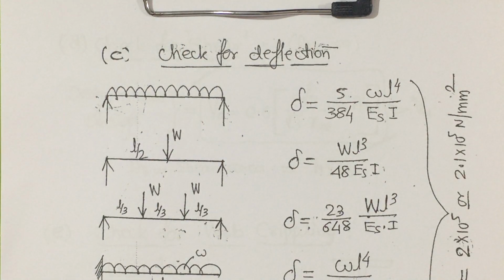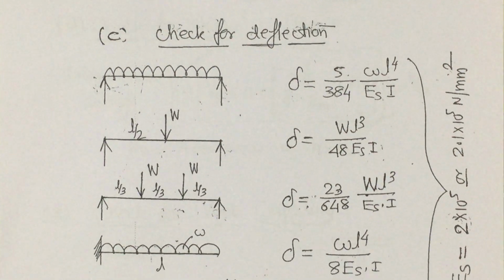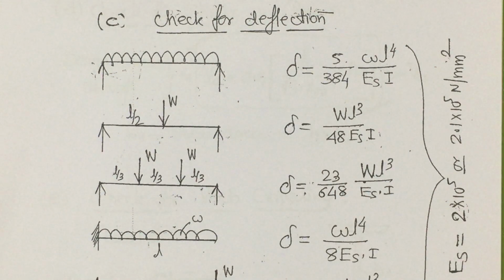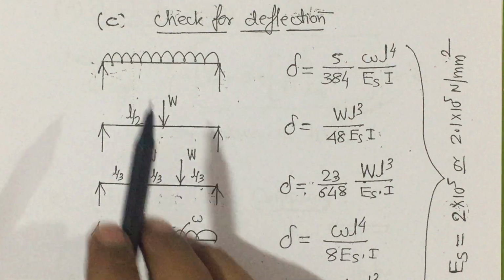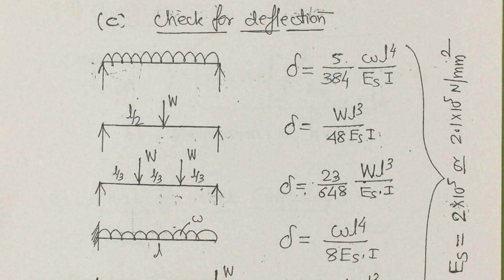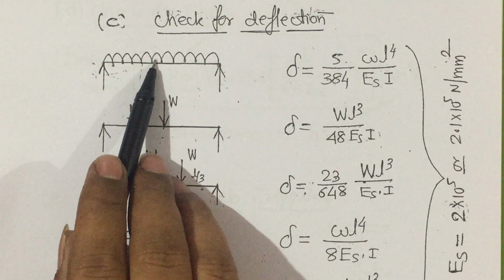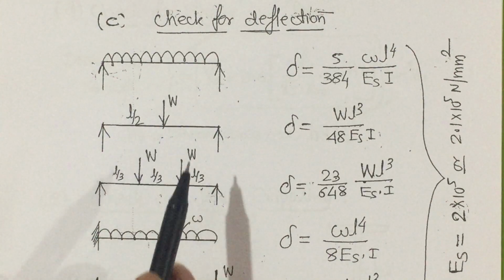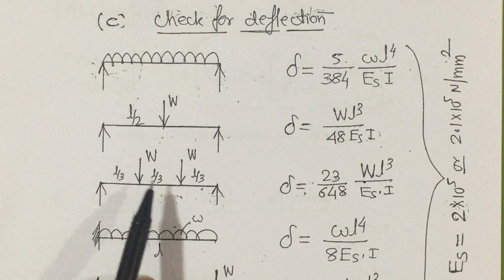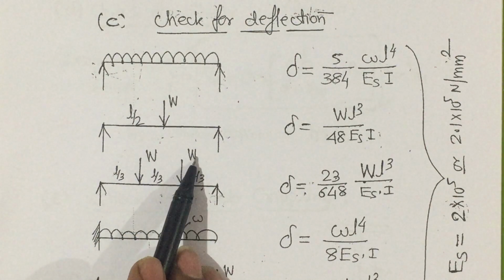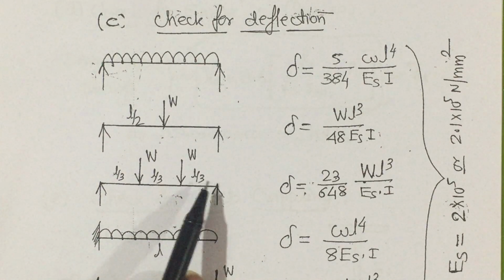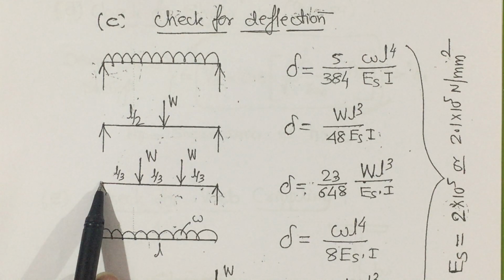Then if we come to the check for deflection, you should know the deflection values. There are some standard cases here, like simply supported beam with UDL, simply supported beam with point load at the center, simply supported beam with two equal point loads acting at 1/3 of the distance from the ends.